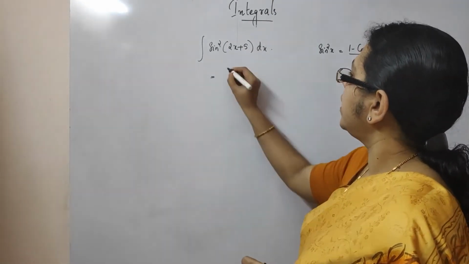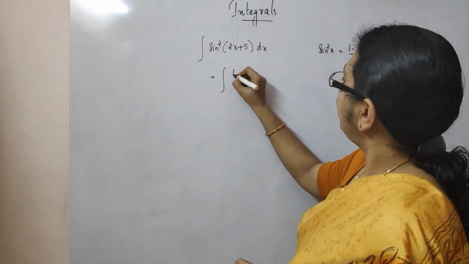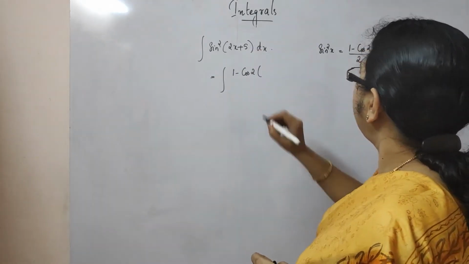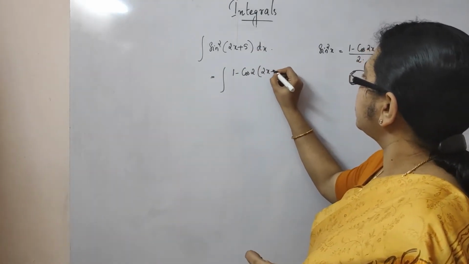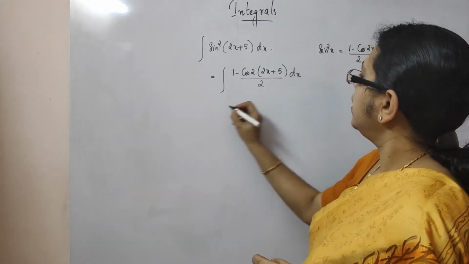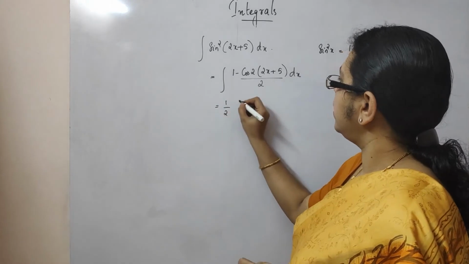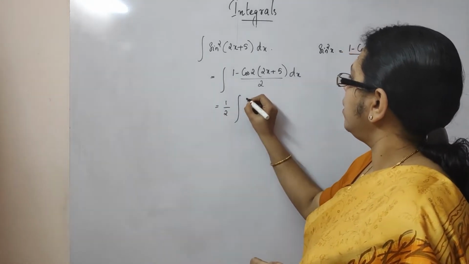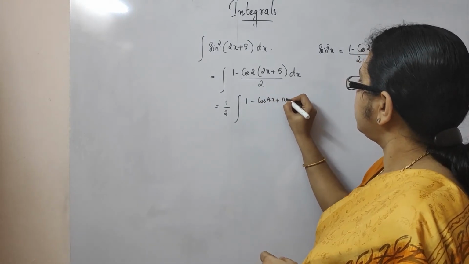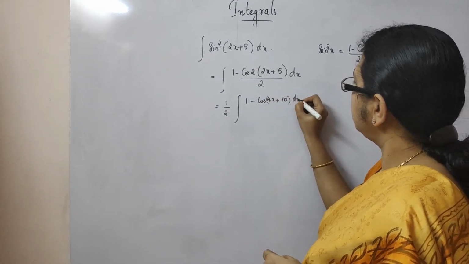So I get the integral of (1 minus cos of 2 into (2x plus 5)) by 2 into dx. Now 1 by 2 is a constant, let it remain outside: the integral of (1 minus cos (4x plus 10)) dx.